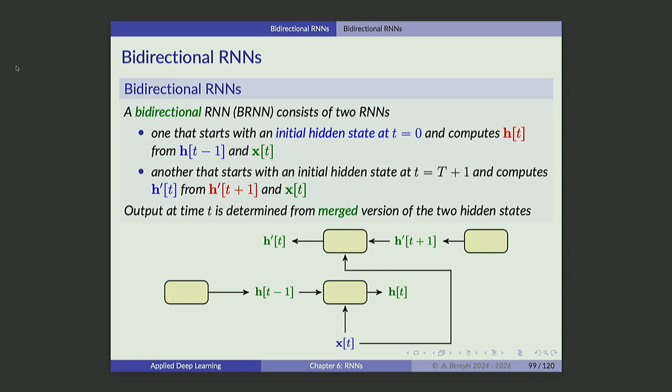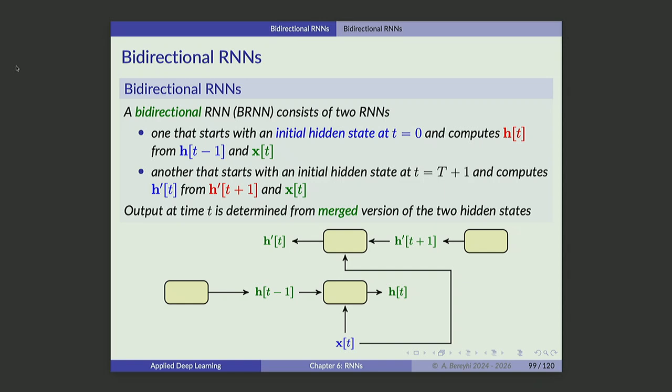So it means that if you think about one particular time t, then you are getting hidden feature ht, which is coming forward, right? So your LSTM started from very beginning, it just came all the way towards time t and computed this guy. There is the second LSTM, which started from the end of the sequence and it just came backward till time t, and it computed h prime t, right?